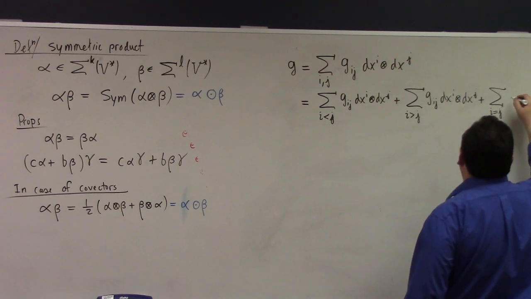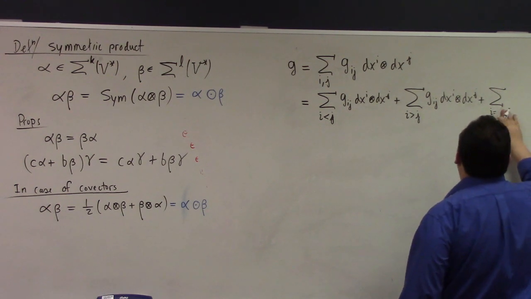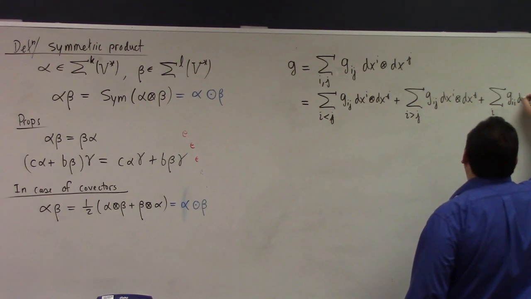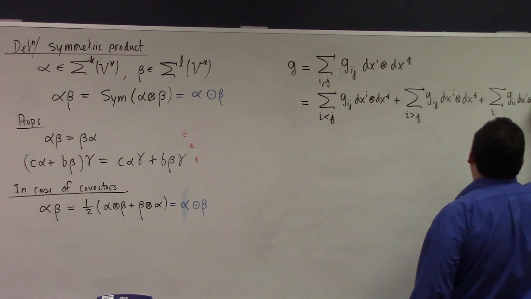Or if you like, we could just do the sum over i of g_ii dx^i tensor dx^i.